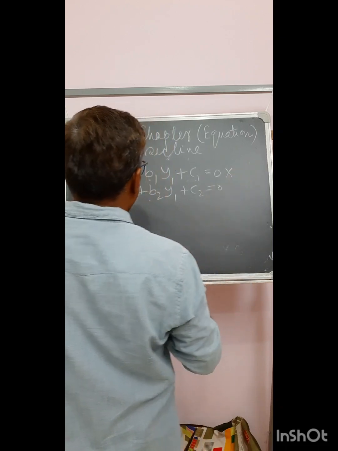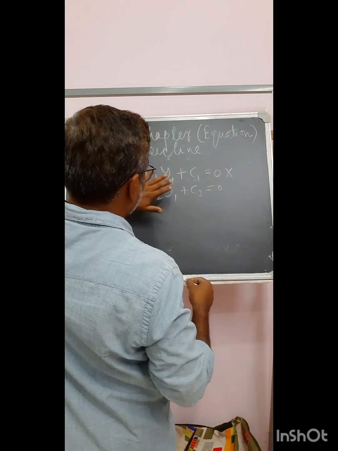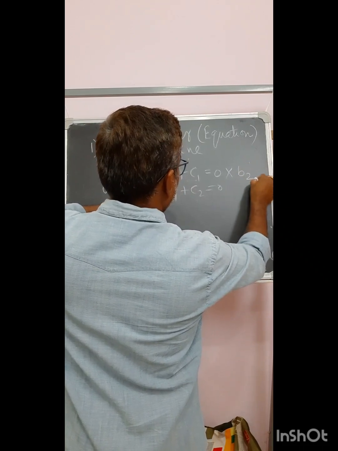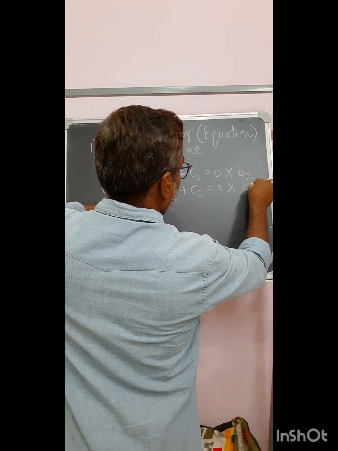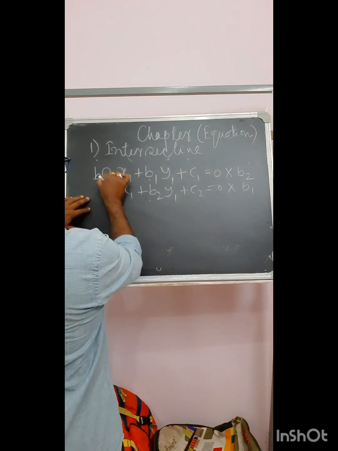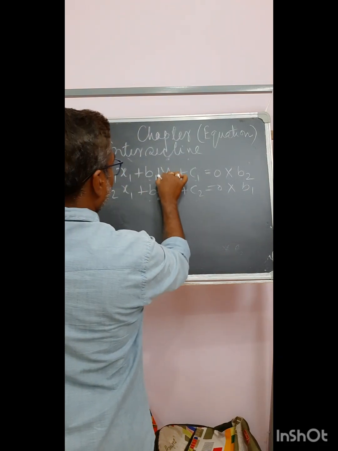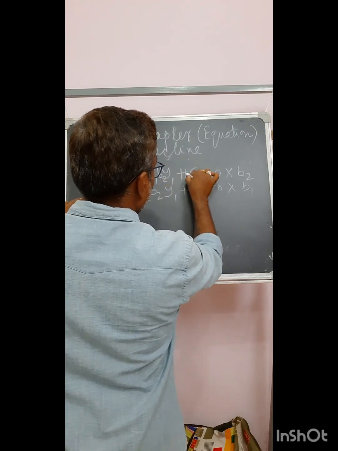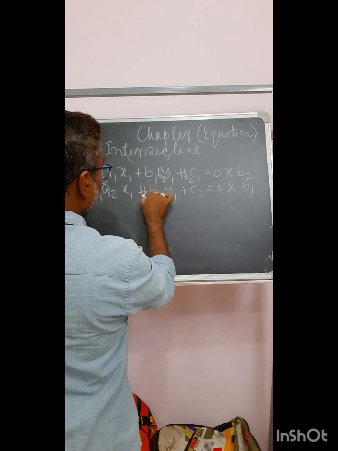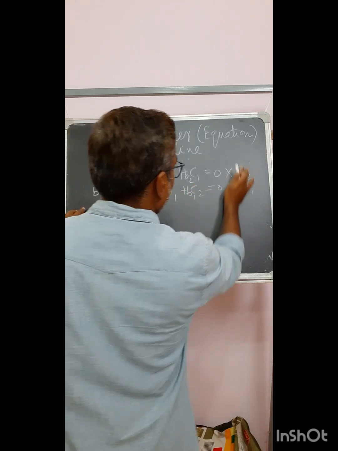I will eliminate, let's say, y1 first. To eliminate y1, I will multiply the first equation by b2 and the second equation by b1. So accordingly, I will get b2 in every term of the first, and b1 in every term of the second.